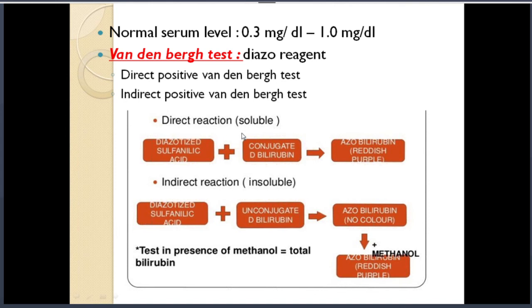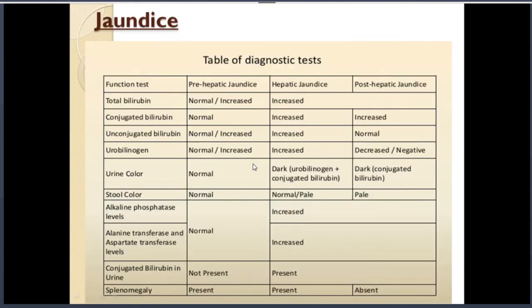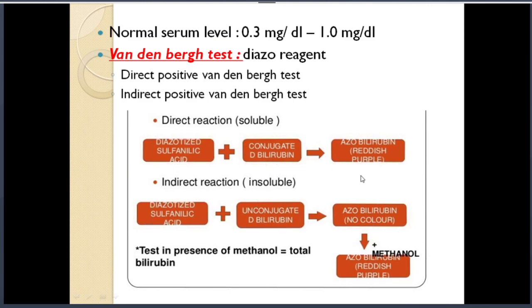Direct positive reaction is when we test the serum against the diazo reagent. It immediately gives us a reddish purple color. That is direct positive within 30 seconds.